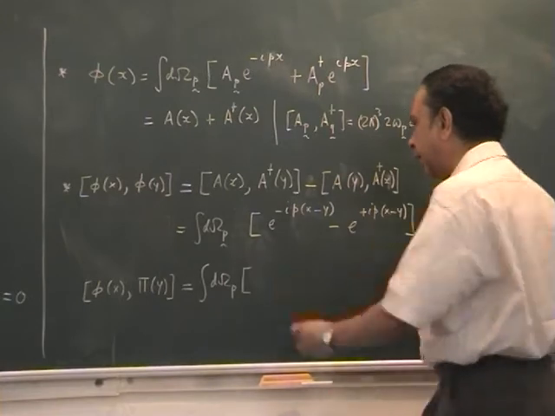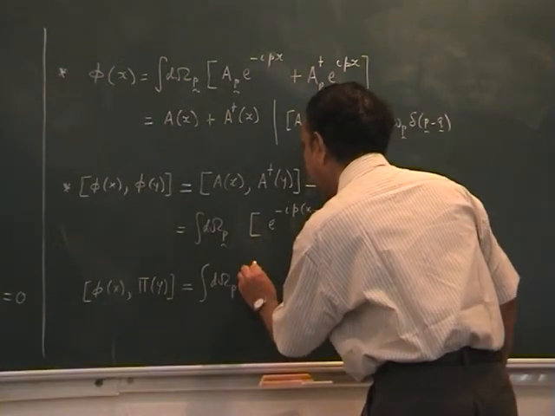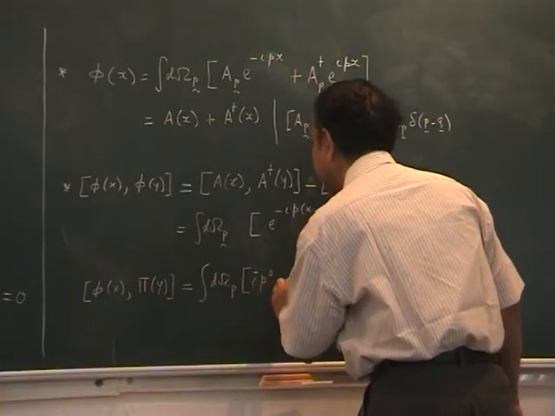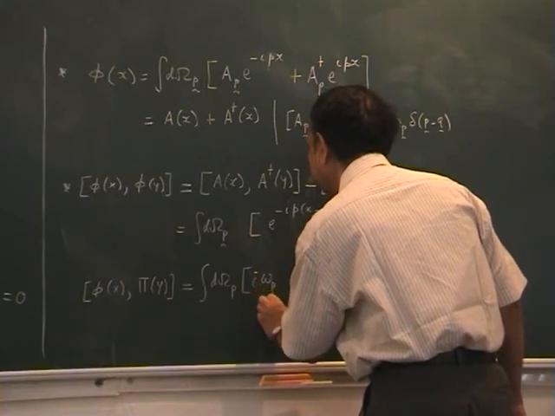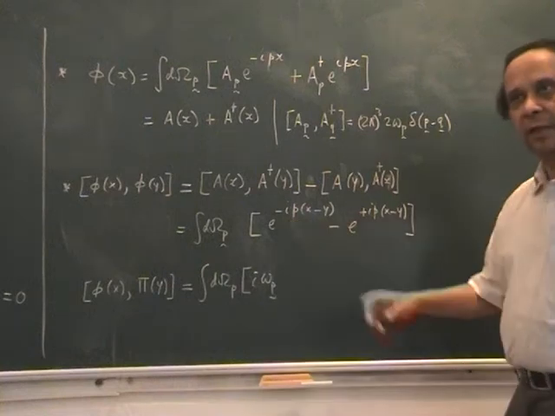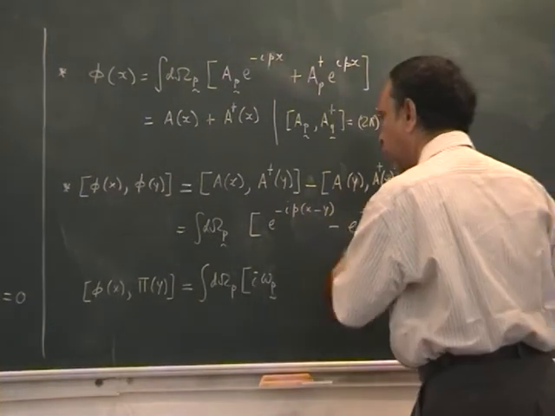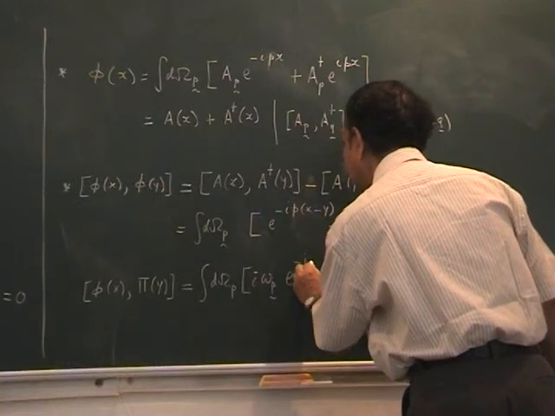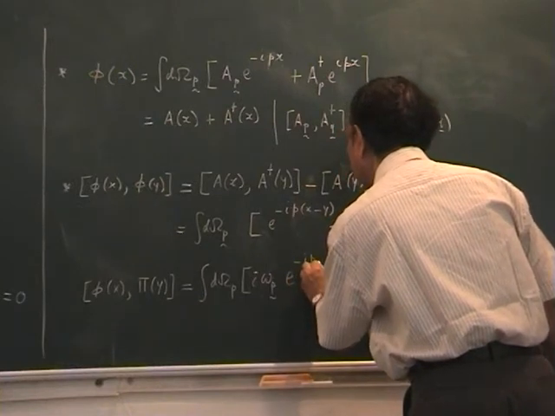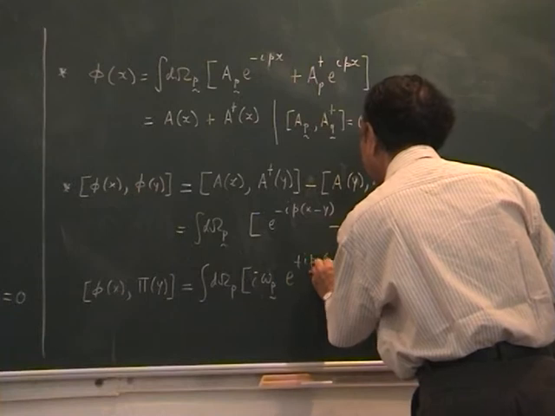So this will bring down an i p naught, which is just omega p. Of course, if I miss a sign, we will flip it again. So i omega p here times this quantity, but this quantity is now evaluated at equal time. After differentiating, you put equal time.